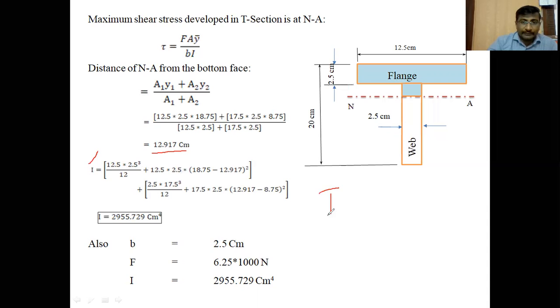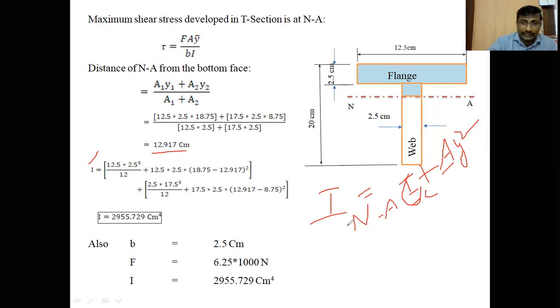The parallel axis theorem says moment of inertia about some other axis, the neutral axis, is equal to moment of inertia about its own CG plus A into y square, where y is the distance between the two axes. So we are shifting the moment of inertia from center of gravity to neutral axis.